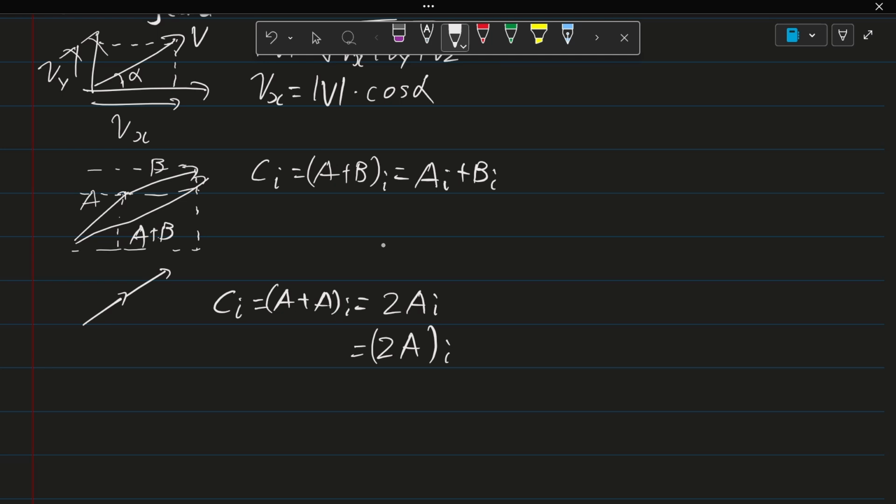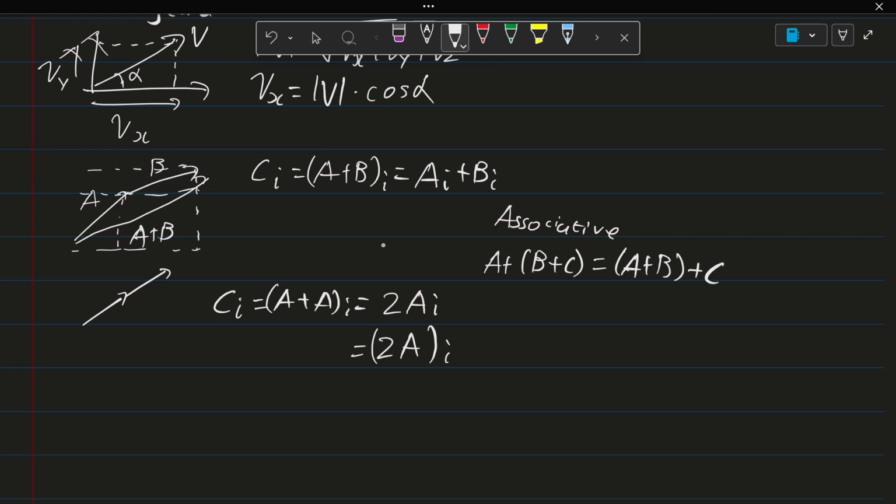There are some properties for such addition. First of all, it is associative, which means you could move the parentheses around: the vector a plus (b plus c) is the same thing as (a plus b) plus c.